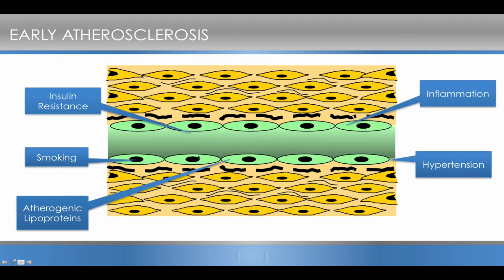The combined effect of risk factors such as insulin resistance, smoking, atherogenic lipoproteins, hypertension, and inflammation serve to affect these endothelial cells and to reduce their ability to function as normal endothelial cells.